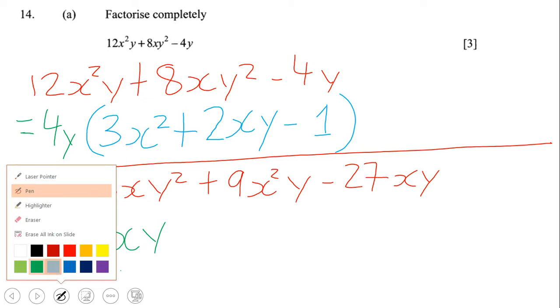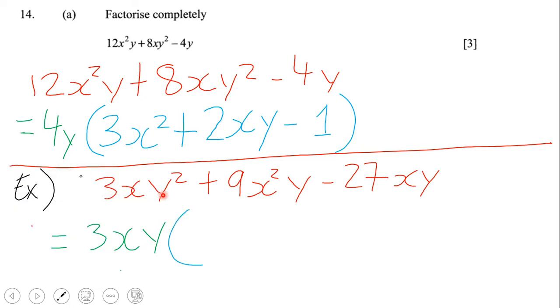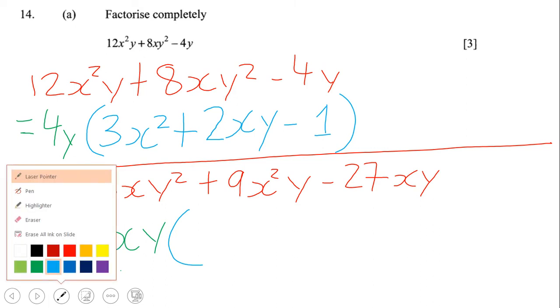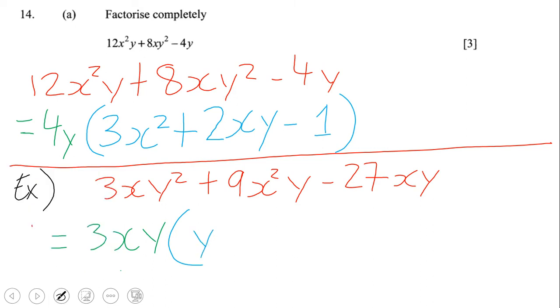Now in order to get 3xy squared, what must I do? If I just put y here, wouldn't that be right? Because we already have the 3, we already have the x, we need a y squared though. So 3xy times y is going to be 3xy squared.